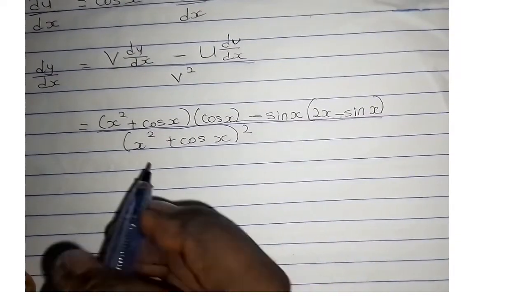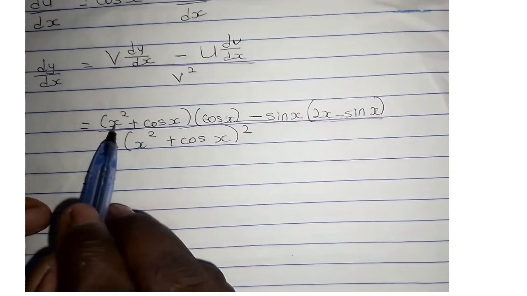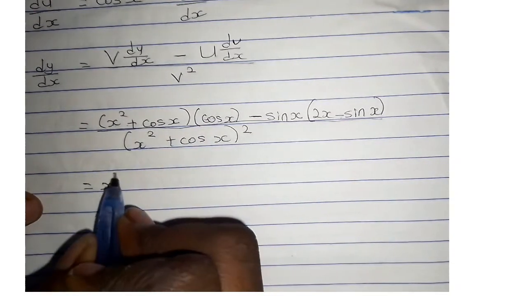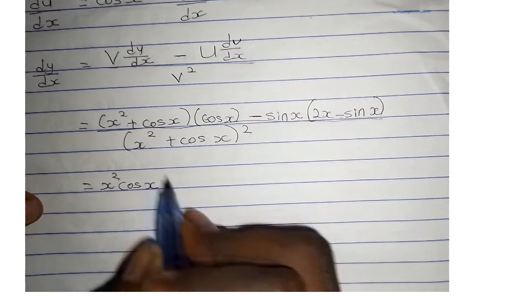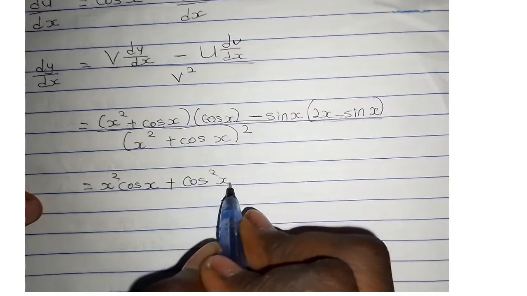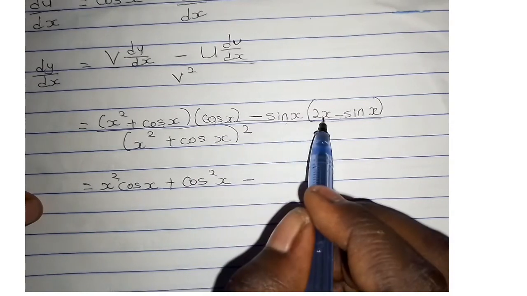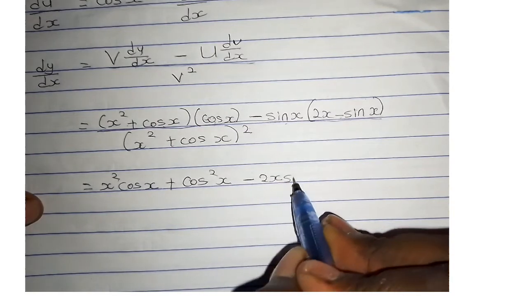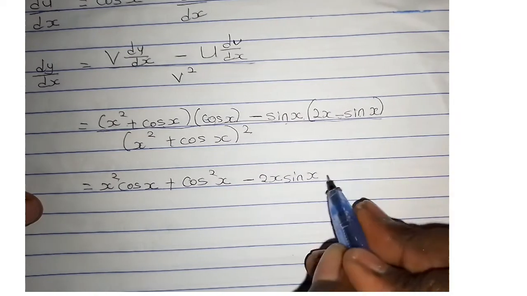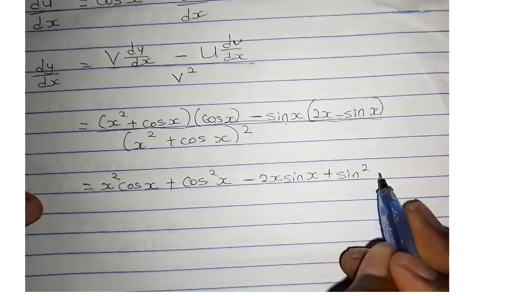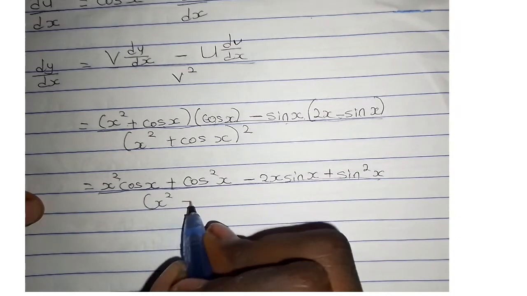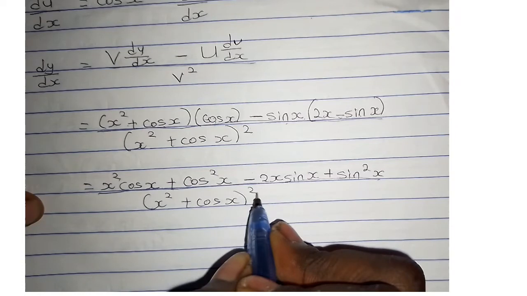So expanding this, we want to open this bracket. Cos x multiplied by x squared, we're going to have x squared cos x, plus cos x multiplied by cos x will become cos squared x, then minus sine x multiplied by 2x, we're going to have 2x sine x, and we have minus sine x multiplied by minus sine x, we're going to have plus sine squared x, all over x squared plus cos x all squared.